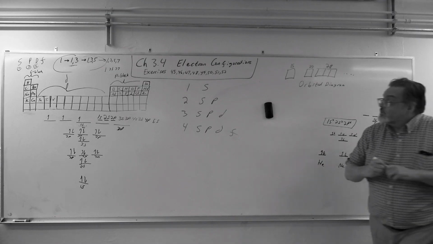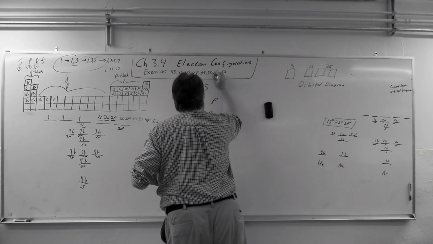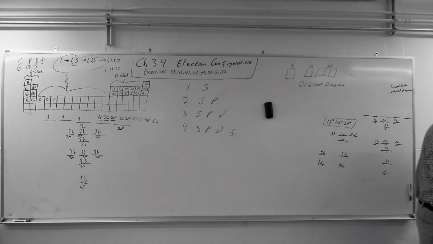Maybe I should take that one out too, because they're getting to the weird things. And when you get to the transition metals, the D block, things go a little weird. I'll come back to that, I think. Tim, I think you can do 51 and 52. All right, so let's go back to 44.